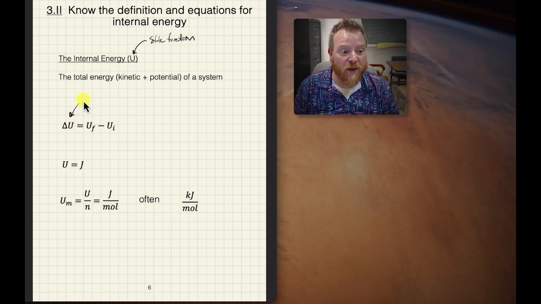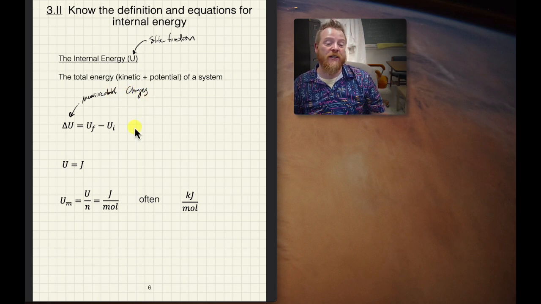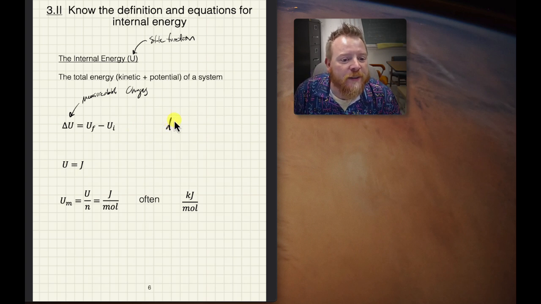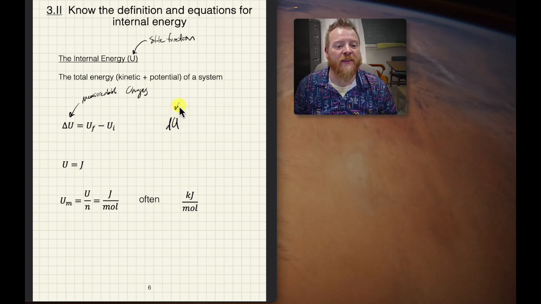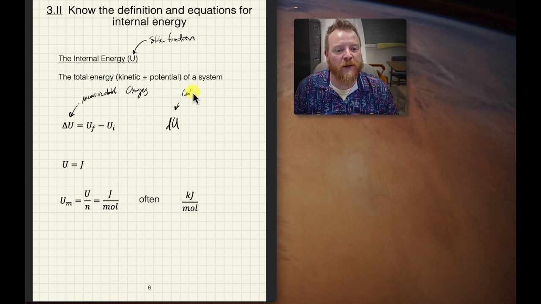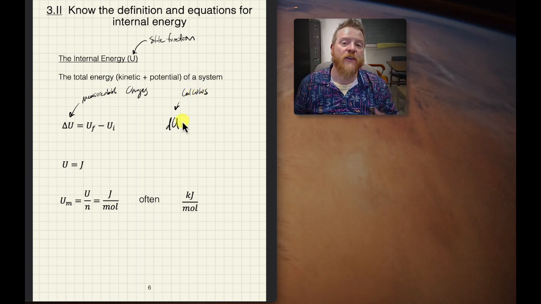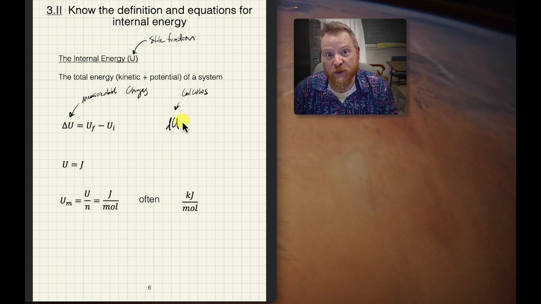So recall the delta, that refers to measurable changes. So what we might be able to achieve in the laboratory. Whereas dU, right, that gets into our calculus, our infinitesimally small changes that we're going to use to work out fundamental relationships.